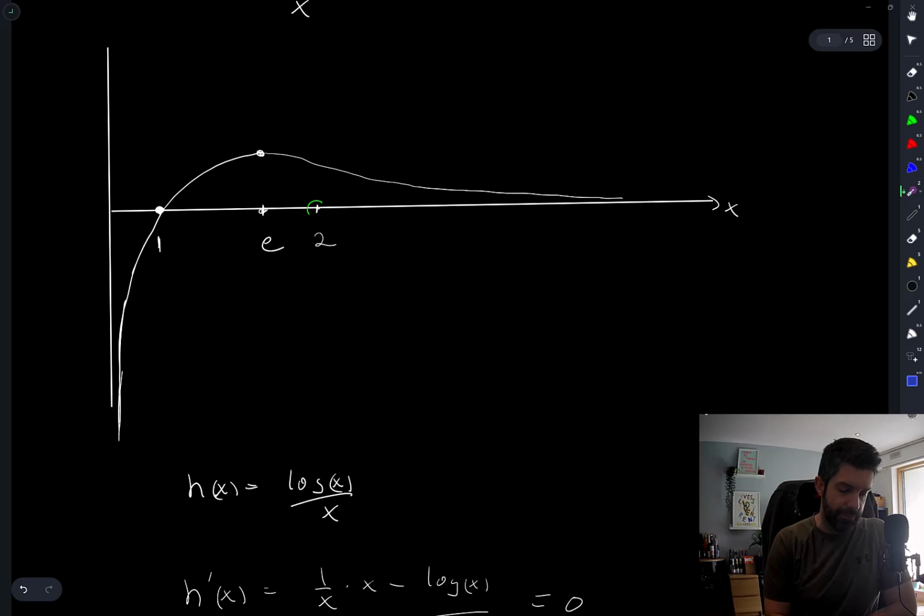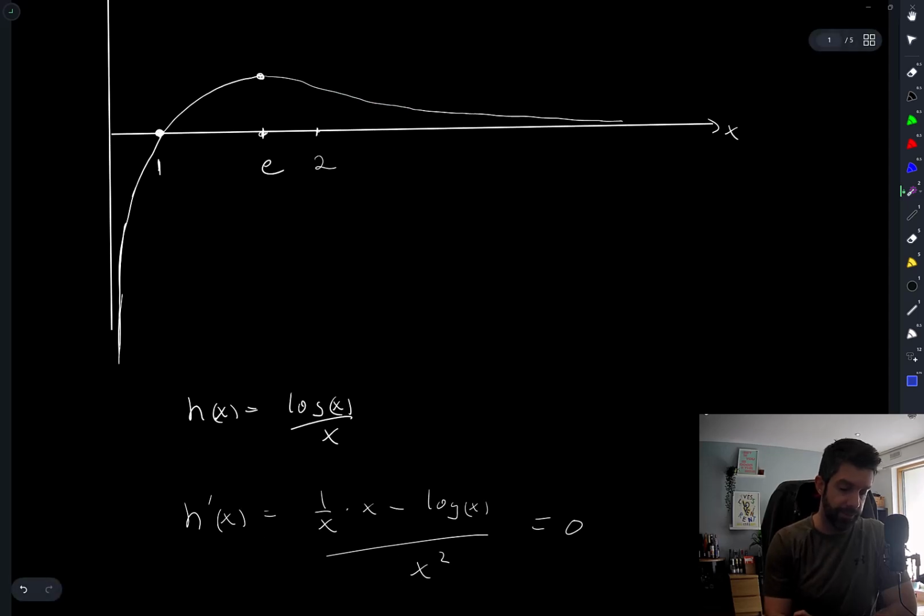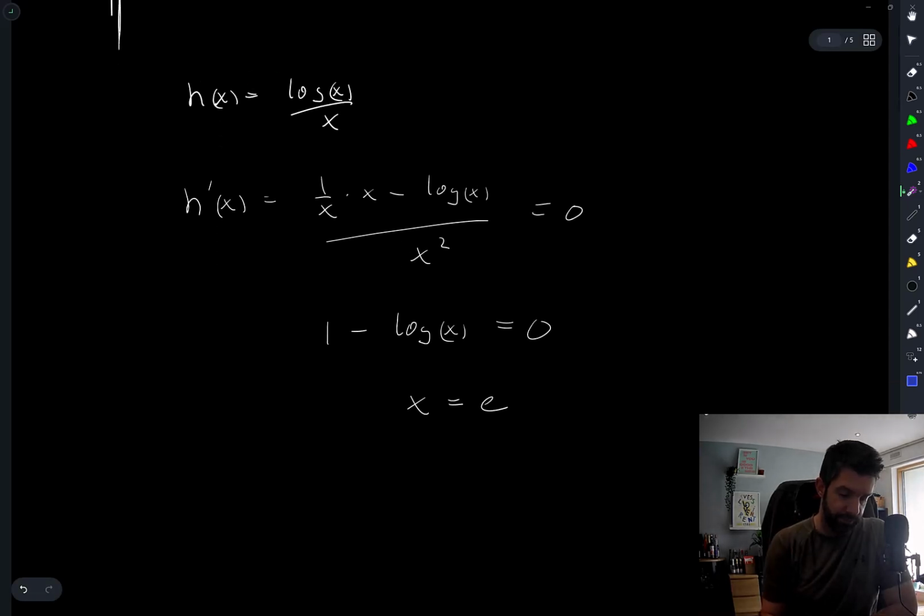And then after the number 2, it is strictly decreasing. So if one of the integers is greater than or equal to 2, then we can't possibly end up with the same value because the function is strictly decreasing to the right of e.